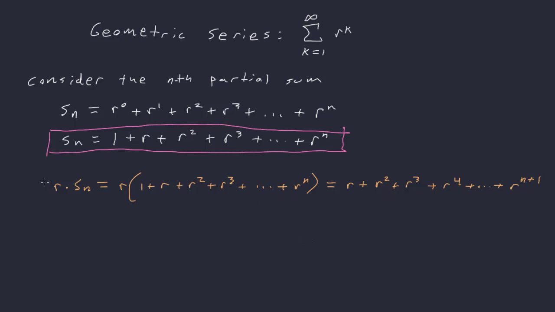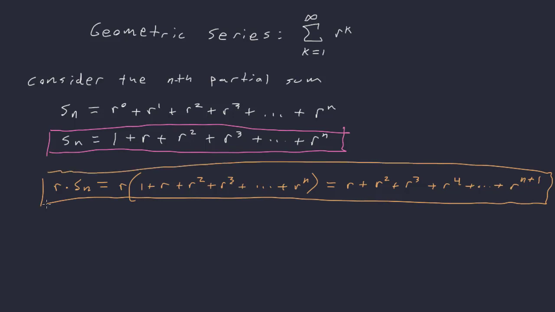Okay, so now that I have this, I have just my normal Sn, and I have my r times Sn, and here's the clever part that I find pretty neat. I'm going to take Sn, and I'm going to subtract r times Sn. Okay, so I'm going to write it like this. Your Sn, of course, is the 1 plus r plus r squared plus r cubed.